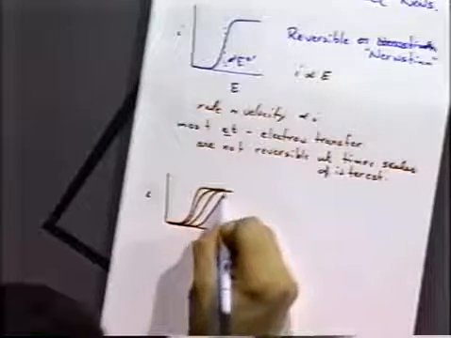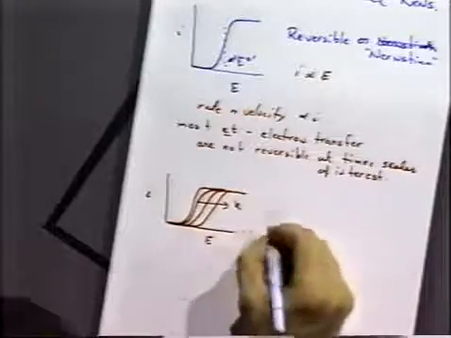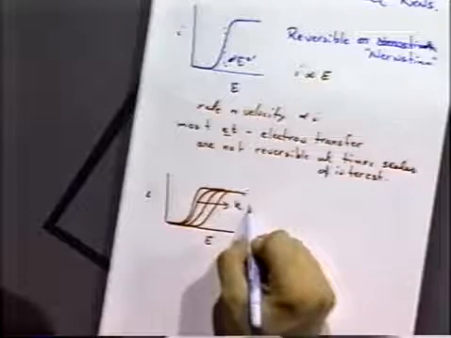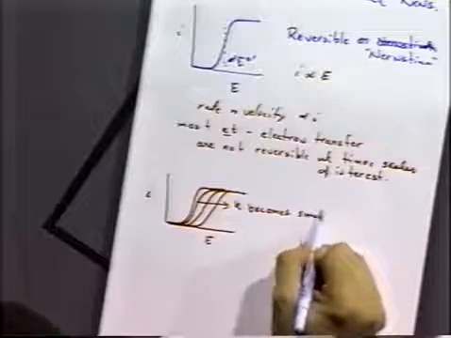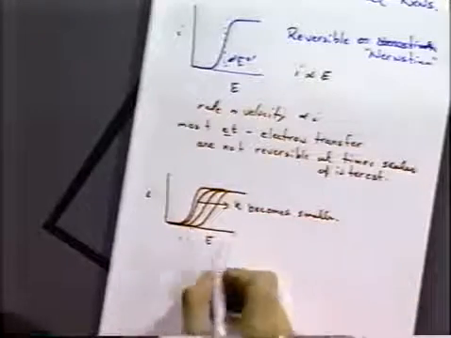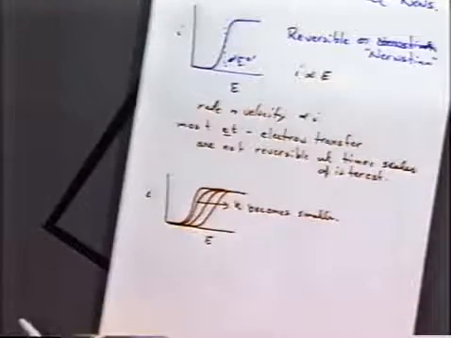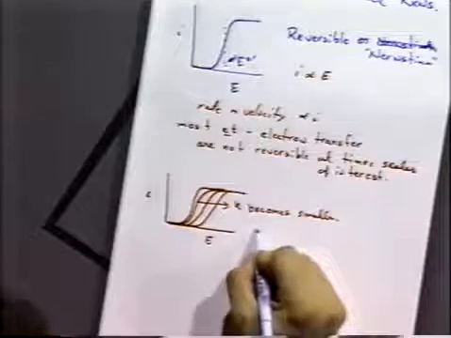You get a set of curves, for example, as k, which is the rate constant, becomes smaller. Essentially, what's happening is that we start to see an increase in the overpotential for the electrode reaction.